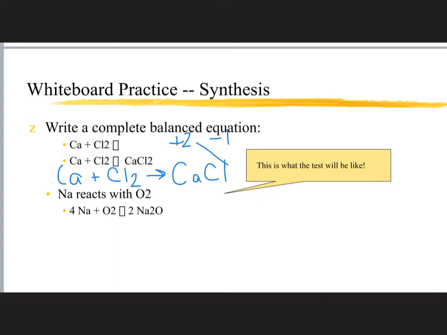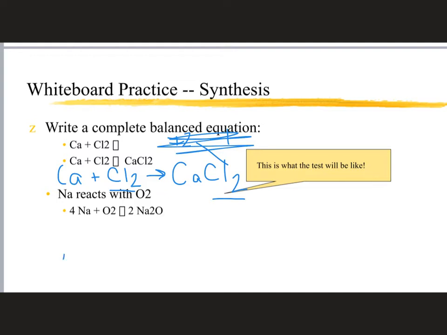So the crisscross here means that there's a 2 on the chlorine, which actually creates a balanced equation. Now I have 2 on the left, 2 on the right. So in this example, I do not need any coefficients, whereas in the last example I did because the subscripts were different. So the final answer there, Ca plus Cl2 yields CaCl2. And the charges are gone.